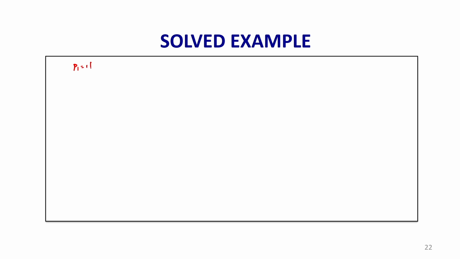P1 is equal to 1 bar and T1 is 17 degrees centigrade, converted into Kelvin. So, convert this temperature into Kelvin. So, you will get 273 plus 17, 290 Kelvin. Compression ratio is given as 8.